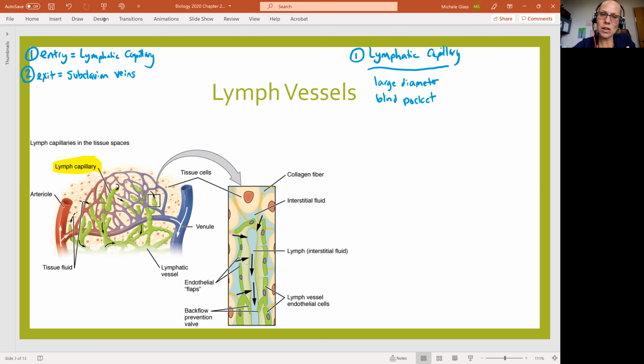When we look at the location of our lymphatic capillaries, we see them close to the arterioles, the blood capillary, and the venule. And remember, we've said that the lymphatic capillary is the entry point. So what's entering? When we think back to our cardiovascular system, we recall that water, nutrients, electrolytes, etc., are filtered out of the blood capillary at the arterial end.